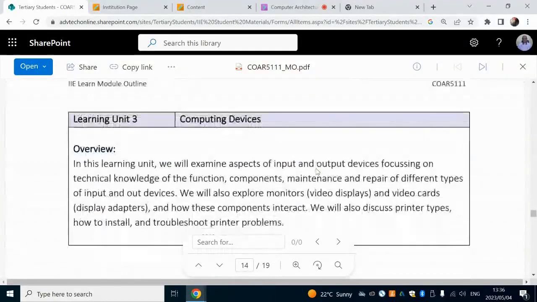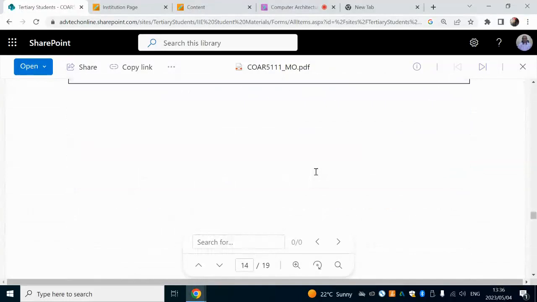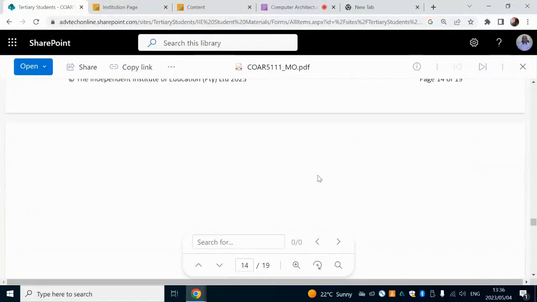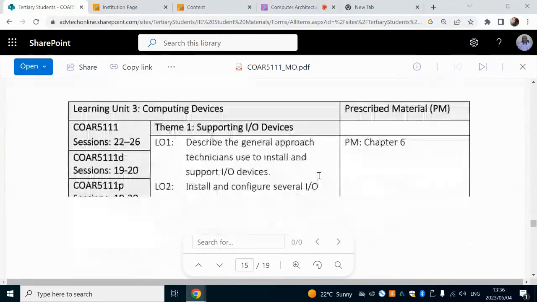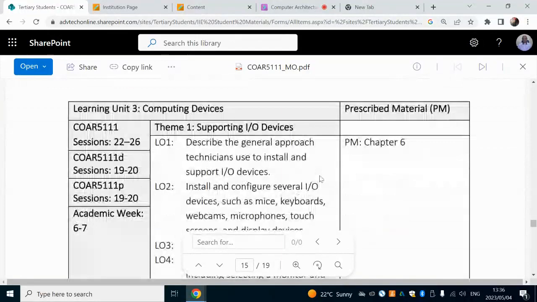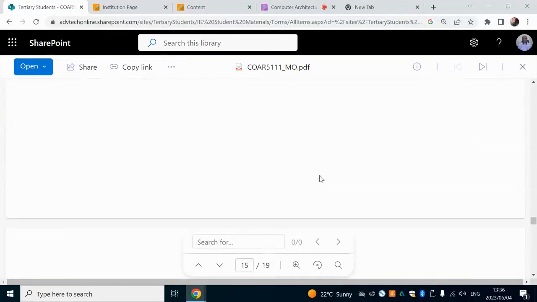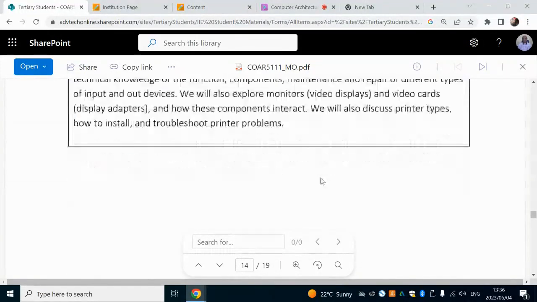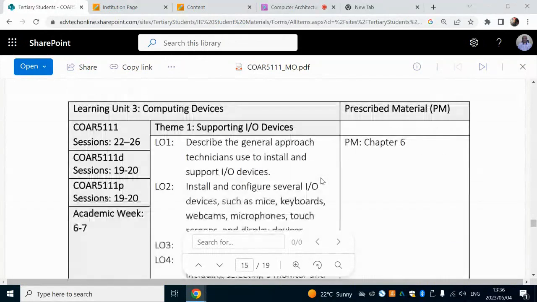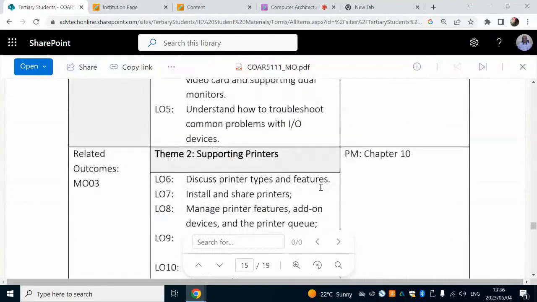Then looking at learning unit 3, computing devices. What is covered here? Chapter 6. So we've got chapters 1, 2, 3, 4, and then chapter 6. Chapter 5 was on storage. That was covered where? In learning unit 4.